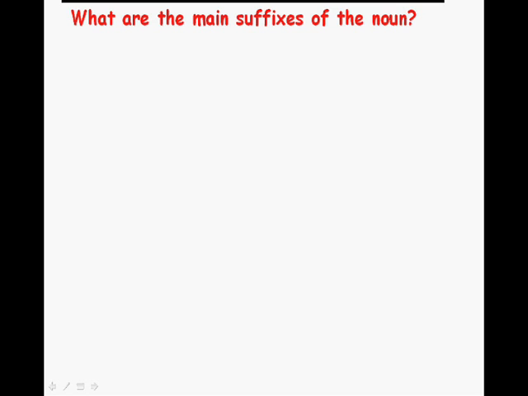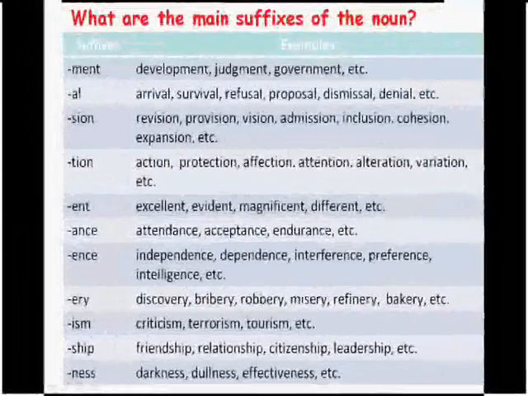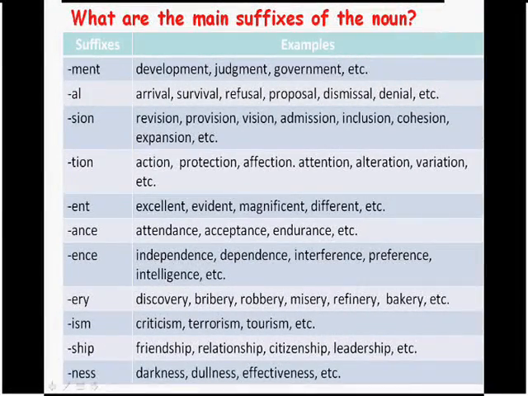What are the main suffixes of the noun? Of course, other than the names of people, some words get suffixes. We have to put some suffixes at the end of the word to show that this is a noun. So the first suffix is ment, which comes at the end of a word.